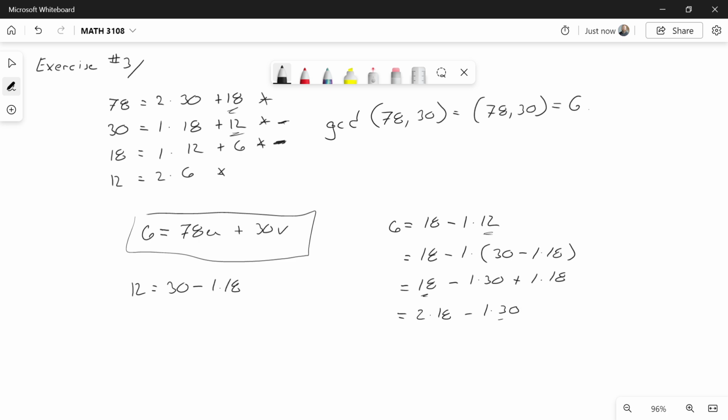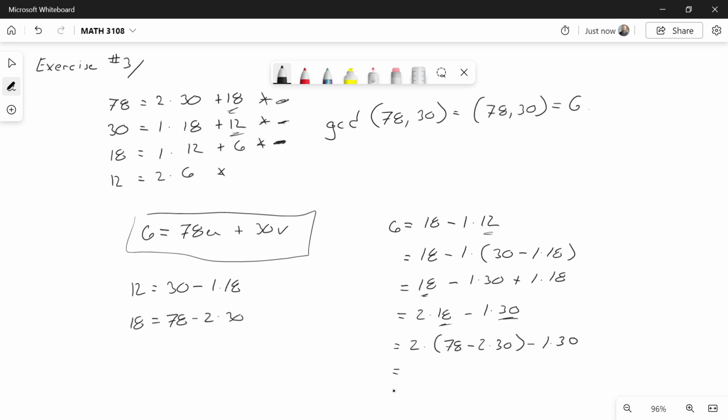Now I do have a 30 in here, good, but I want to get rid of this 18. Again, I go back up and use information from previous iterations to get rid of the remainders. From the previous iteration, 18 is equal to 78 minus 2 times 30. If I plug that in here, this is 2 times 18, which is really 78 minus 2 times 30, minus 1 times 30.